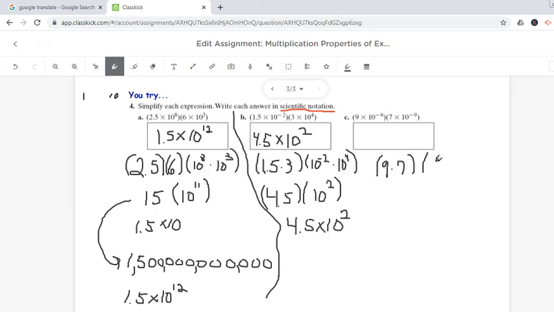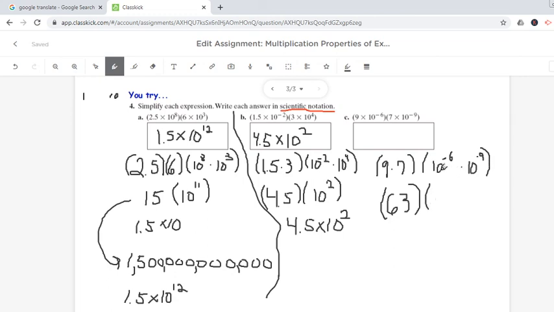So 10 to the negative 6 times 10 to the negative 9. Okay, so 9 times 7, 63.